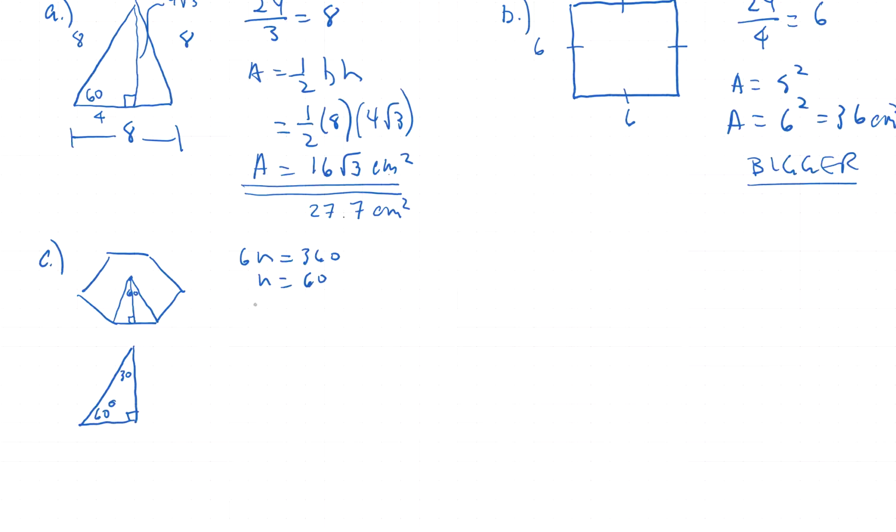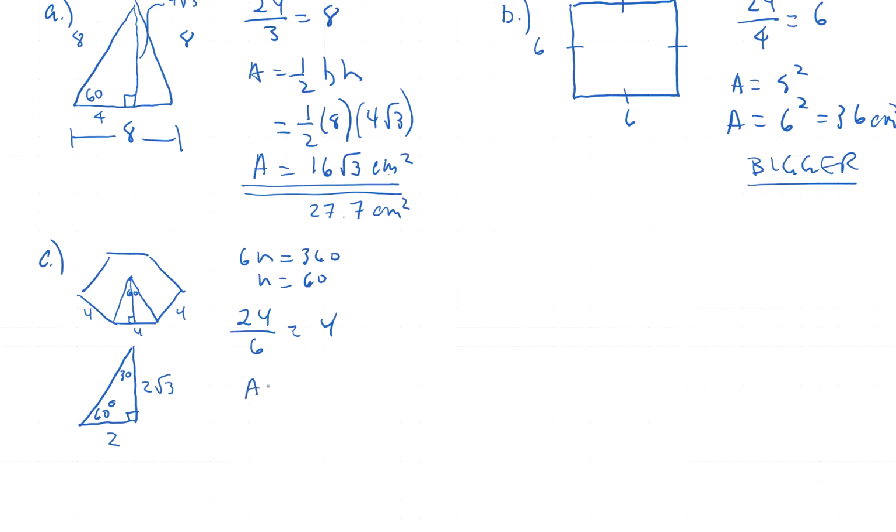I have 24, and then what do I divide it by? How many sides? 6 sides, and I get 4. So then I know each one of these has to be 4 units. So then I know this is going to be 2 units. And because it's a 30, 60, 90 triangle, I know this is going to be 2 root 3.